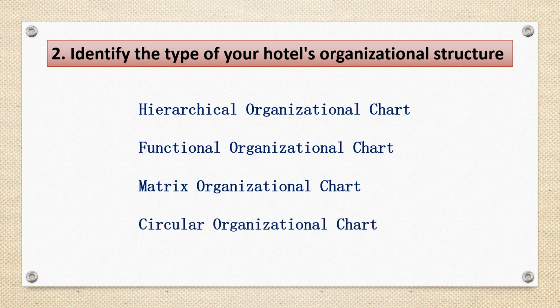To decide that, you should have an idea about these 4 types of organizational structures. So first of all, we shall see what are these 4 types of organizational structures and how they function. Then you can decide which organizational chart structure is suitable for your hotel organizational chart.